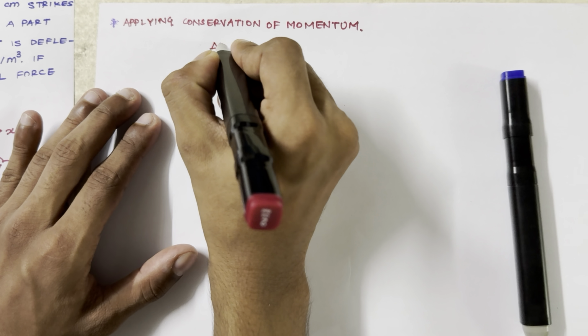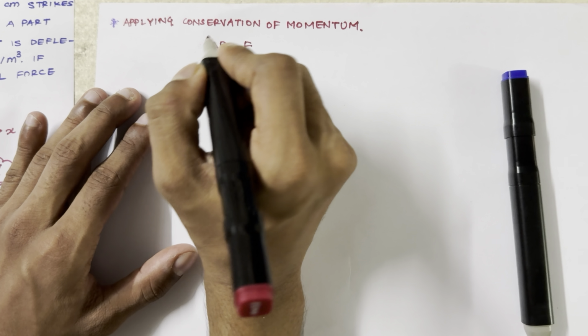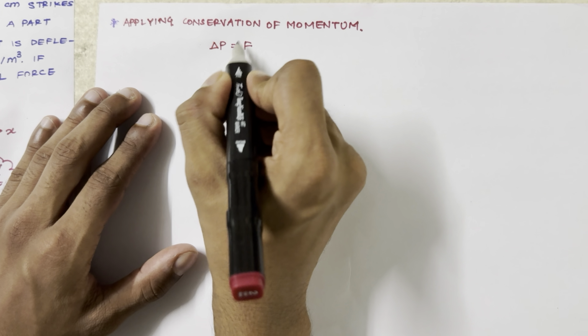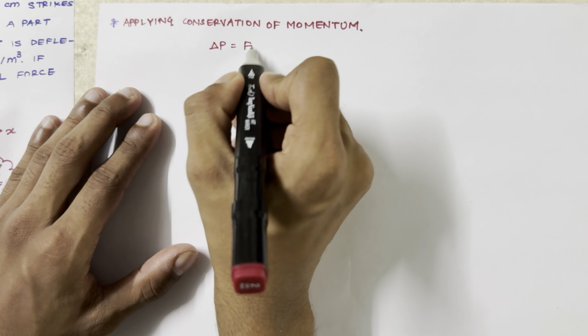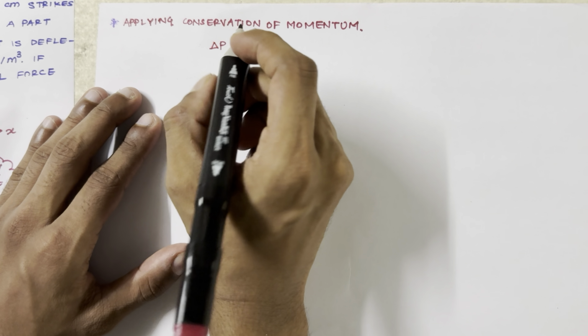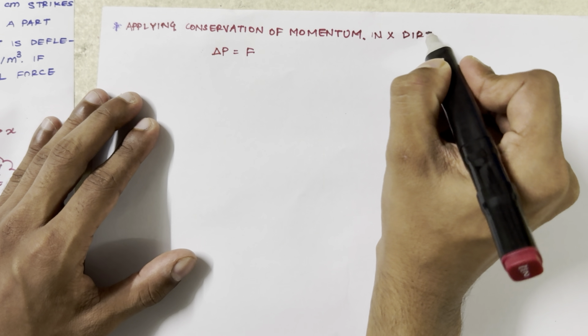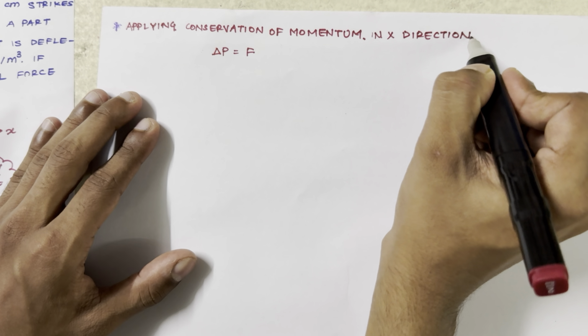Delta p will be equal to the force required, which is the force we are looking for. We look at delta p in the x direction, as momentum is a vector quantity.